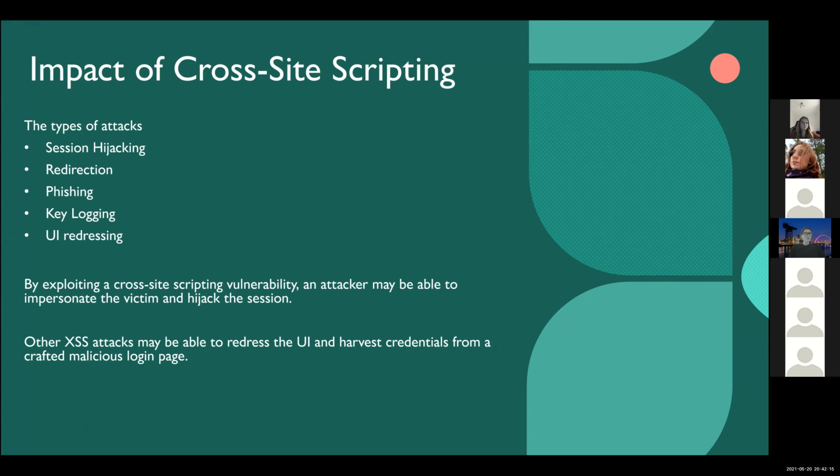So here we talk through different examples of why an attacker might want to execute malicious code and carry out cross-site scripting. So session hijacking is one example. Session hijacking, or sometimes also known as cookie hijacking, occurs when a user session is taken over by an attacker.